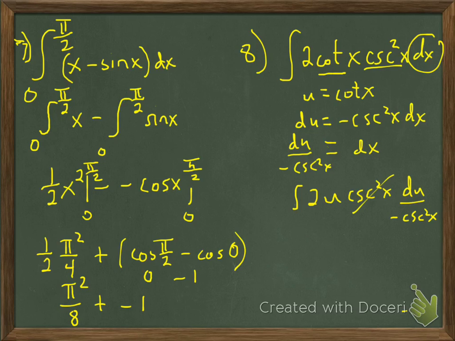Now my cosecant squareds will cancel out. So I'm just integrating negative 2u du. The integral of 2u is u squared over 2, but the 2's would cancel out.